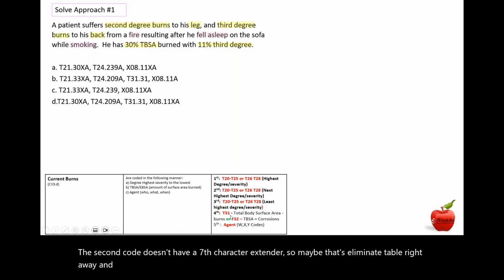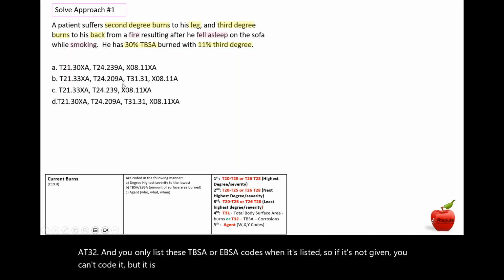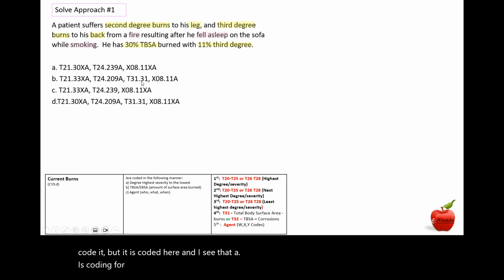Also, this total body surface area code should start with a T31 or a T32. You only list these TBSA or EBSA codes when it's listed. If it's not given, you can't code it, but it is coded here. I see that B is coding for a TBSA, and so is D.